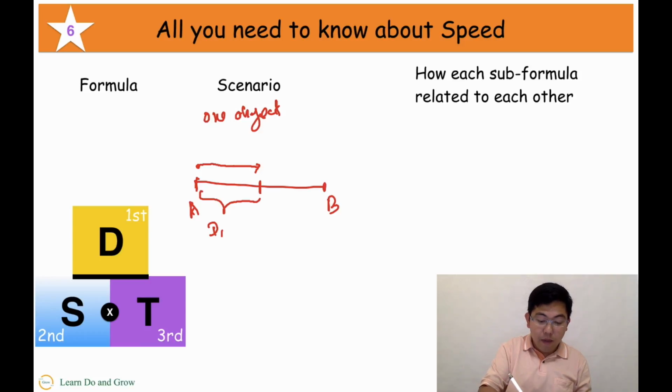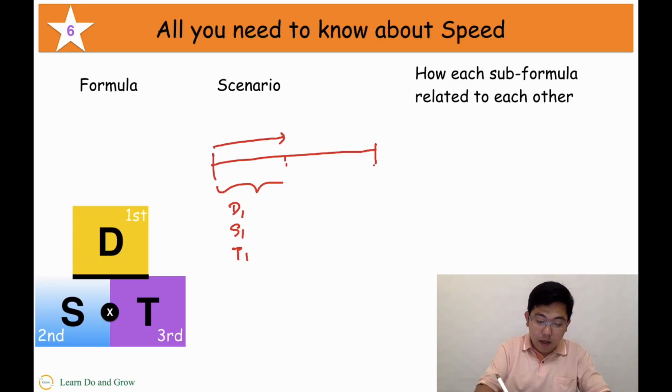And when there is a D1, of course, the object travels at a certain speed, so that would be S1, speed 1. And when it travels, of course, it takes time, so over there it should be T1.